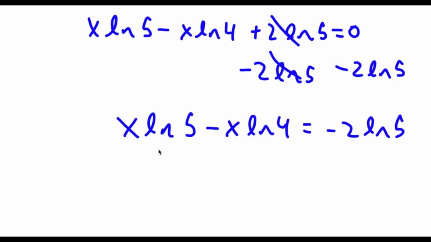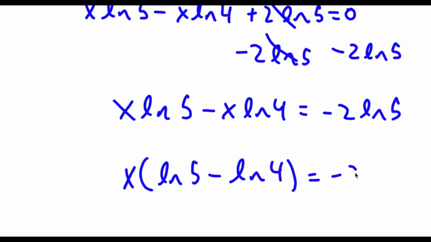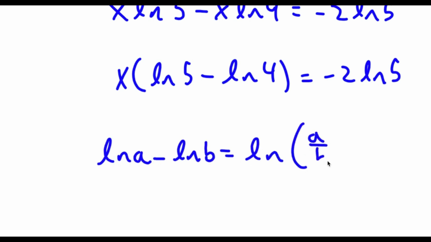So now if I factor out x from x times ln 5 minus x times ln 4, I get x times ln 5 minus ln 4 is equal to negative 2 times ln 5. Now, if I have something in the form ln a minus ln b, this is the same thing as ln a over b.